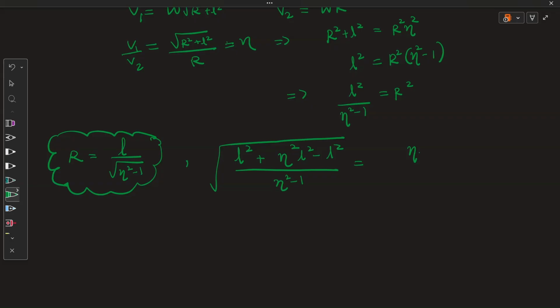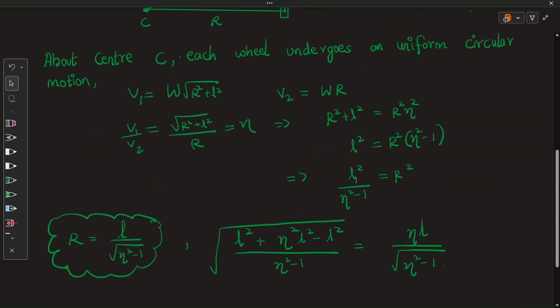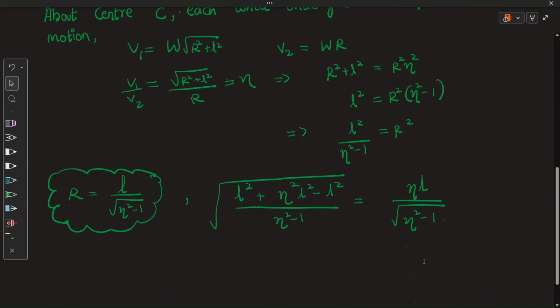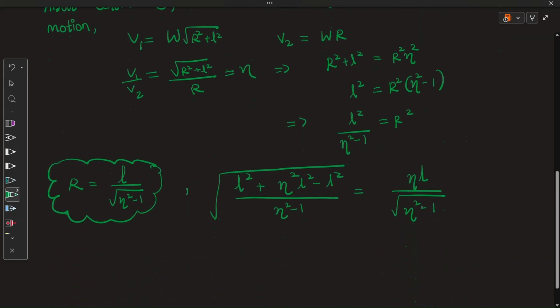So we get eta L divided by under root eta square minus 1. So this is the radius for the front wheel. The radii of the circular tracks traced by the two wheels are L by under root eta square minus 1 and eta L by under root eta square minus 1.